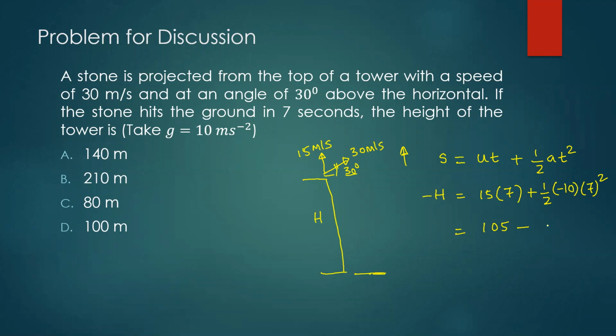How much is 490 by 2? I think that is 145. So from here, the height of the tower happens to be 140 meters.